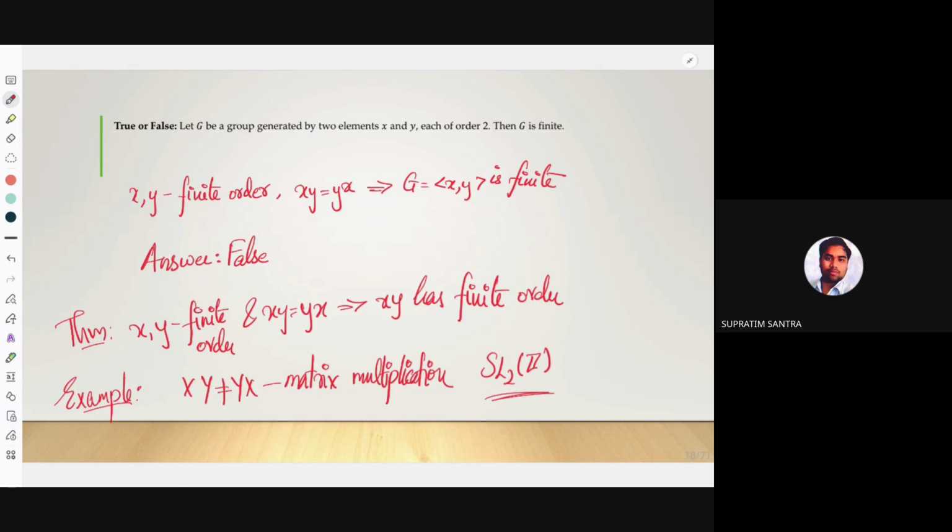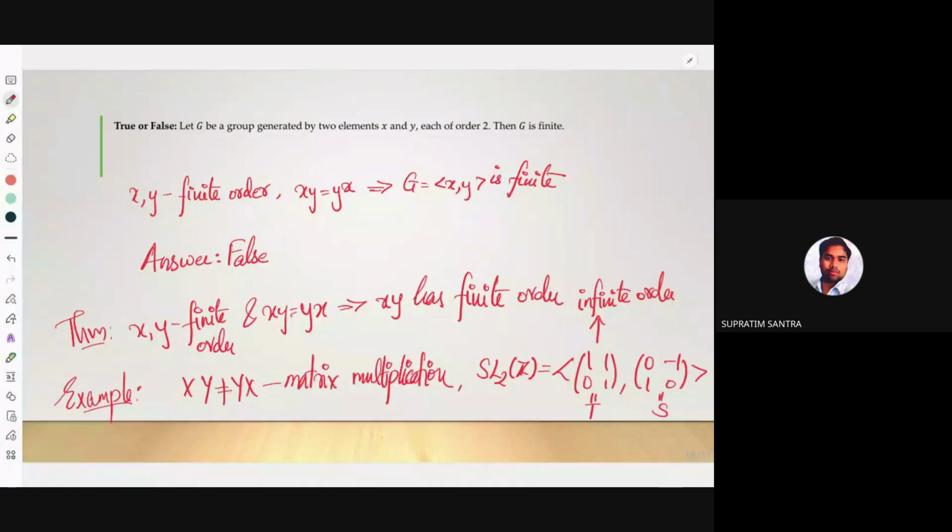Basically, SL2Z is generated by two matrices: [1 1; 0 1] and [0 -1; 1 0]. Taking the first as T and the second as S, T has infinite order and S has finite order.